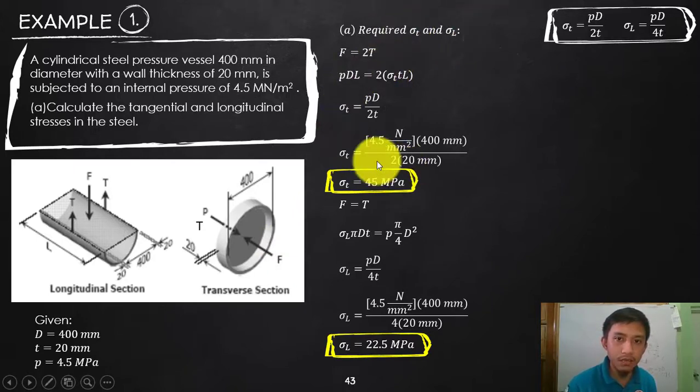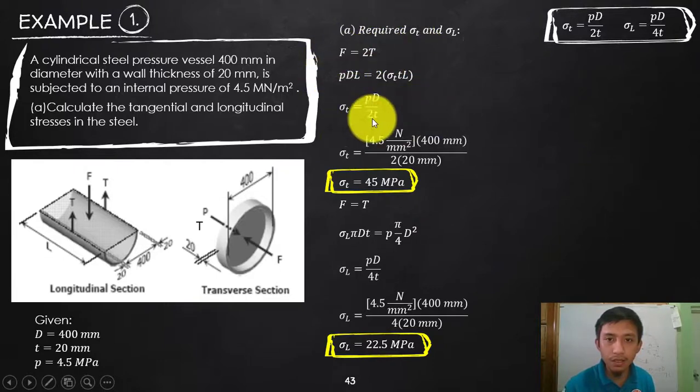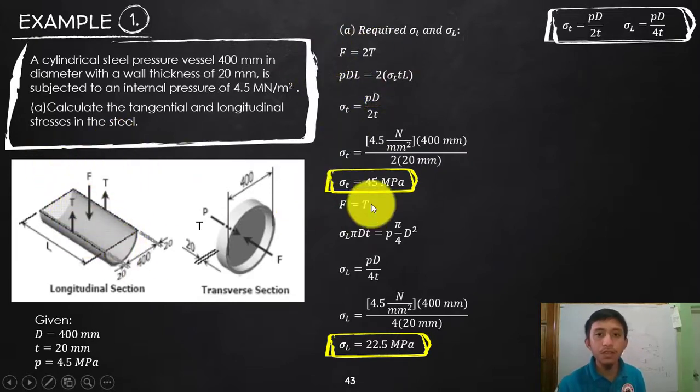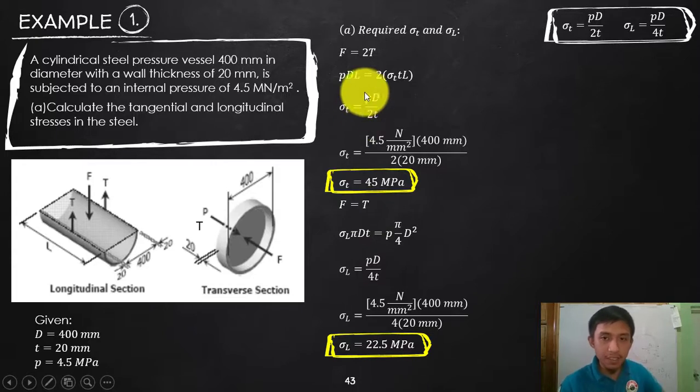Actually this is for you to recall the derivation, but since we already derived that, we can use it directly. But in case you forgot, this is where you will start, deriving your equations. So tangential is PD over 2T.